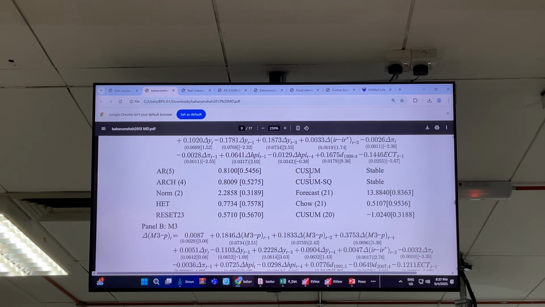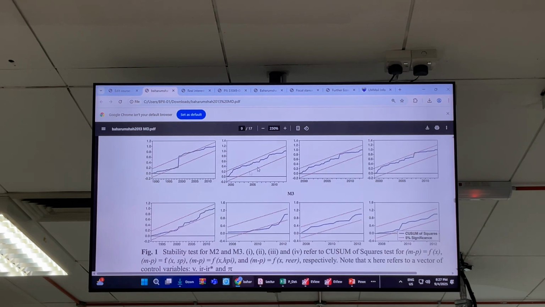Just now I showed you the diagram, whether the test statistic falls within the two lines. If stable, report stable. Not stable, like this one. And this one is stable. If it touches the line or goes outside the line, it is not stable. Touching the critical value means it is outside already, so it becomes not stable. Only if it is within is it stable.